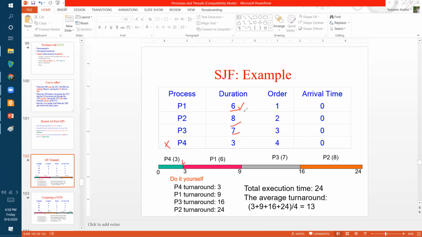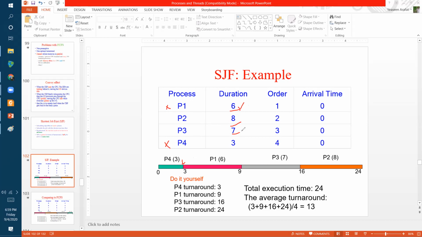So P1 will start at the third second and end by the 9th second. After P1 is done, we have two processes in the ready queue, P2 and P3.